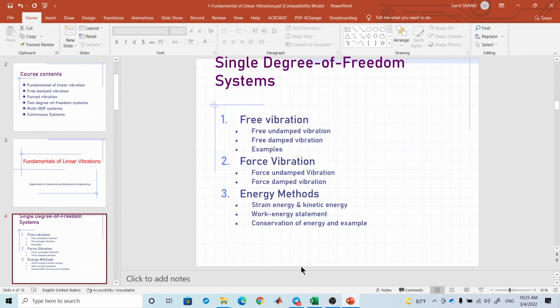Then number 2, forced vibration. Like I mentioned, the car suspension, a single suspension. If the tire passes through a road which fluctuates, at some parts of the road there are stripes that make the car vibrate. You have probably noticed that, especially on the road near a school or hospital, where they want the car to slow down, they put stripes, and when the car passes through that, it vibrates, right?